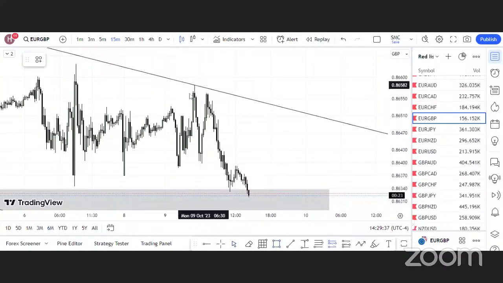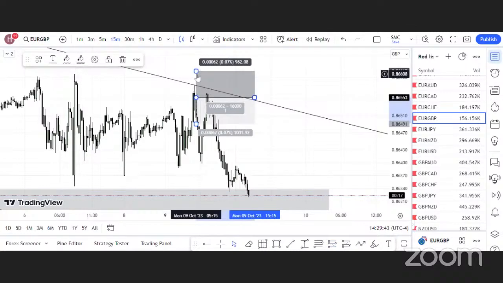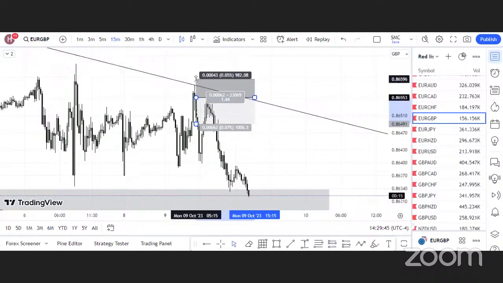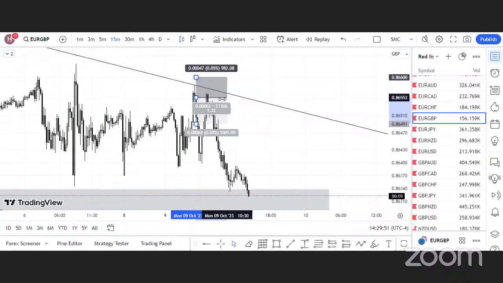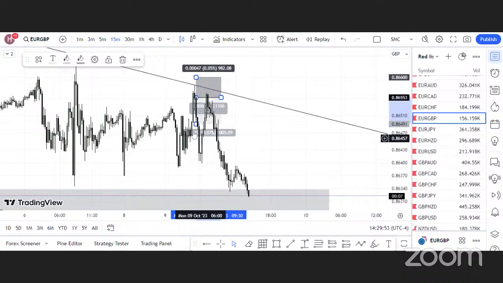So let's assume that this is the 15 minutes. Then after this confirmation, after this rejection, I get to enter from here. So my stop loss will be very little compared to if I'm on the 1-hour time frame. Look at my stop loss, and then I'll just be targeting this low, the previous low that created this high.